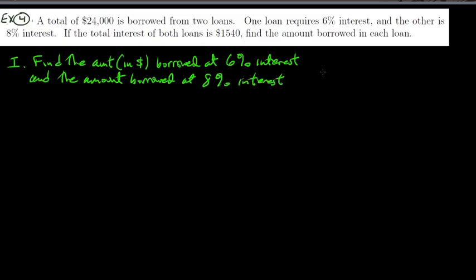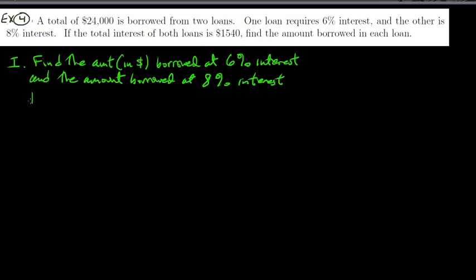Boy, that's a lot these days, but this could have been a very old question when interest rates were considerably higher. Okay, so that's what we're looking for. We're looking for two things, the amount borrowed at 6% interest and the amount borrowed at 8% interest, right?